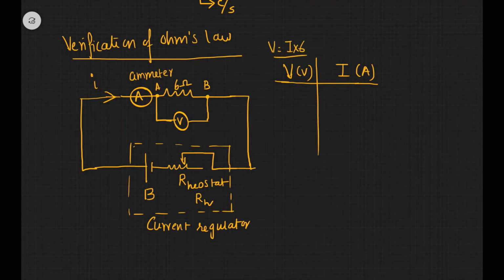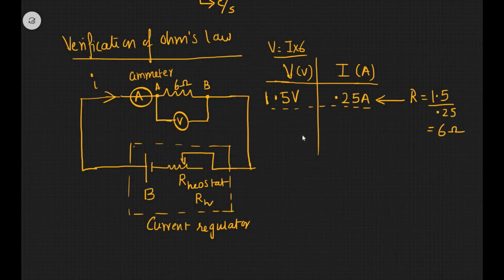So for, let's say, 0.25 amperes, you may get 1.5 volts of potential drop. From this one reading, you can find out what your resistance is. Your resistance is 1.5 divided by 0.25, and that will be equal to 6 ohms.